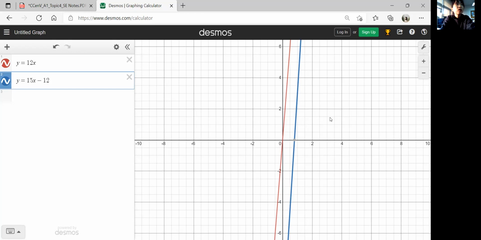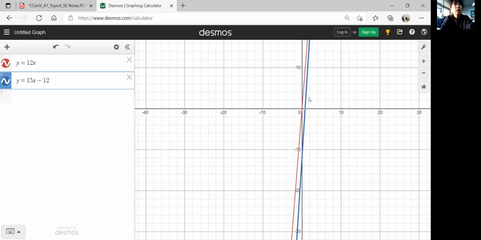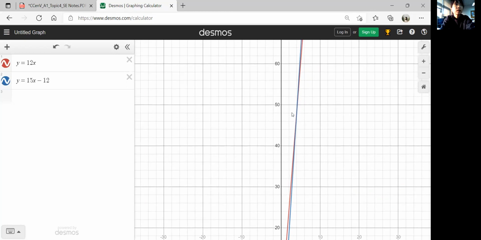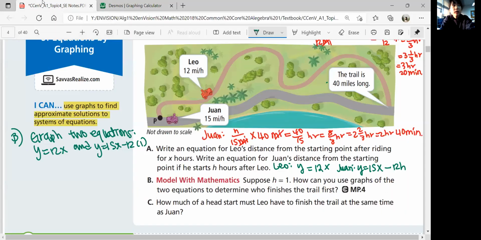It looks like they're parallel right now, but the graphs are going to get closer and they're going to meet at some point. There's an intersection point here. You see that? That means Leo is going slower than Juan, and Juan is going to catch up at some point. But is he going to catch up before 40 miles or after 40 miles?